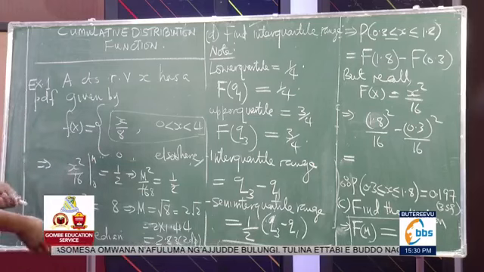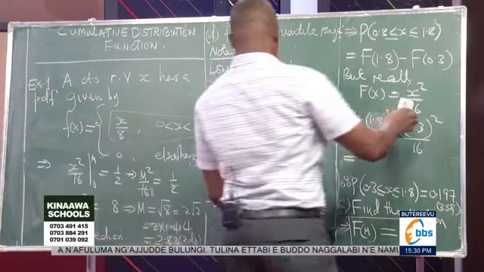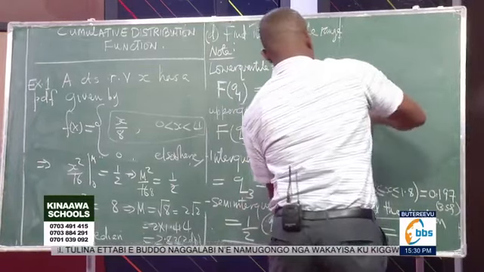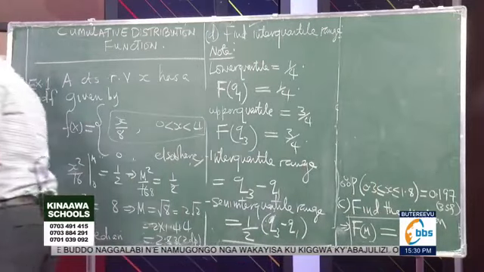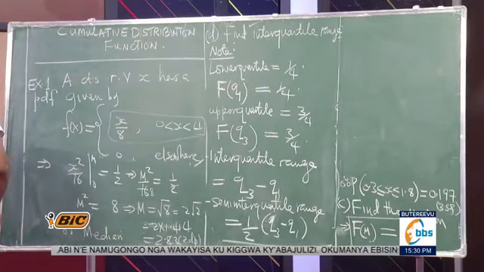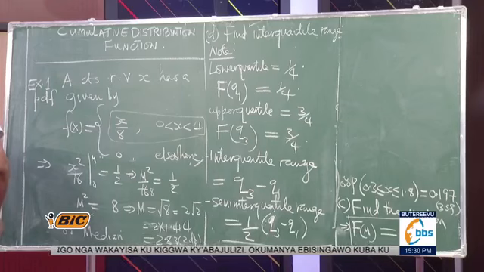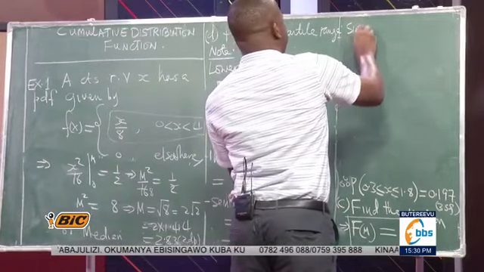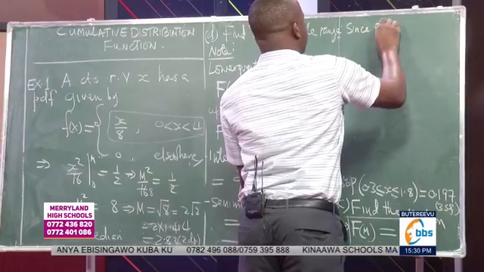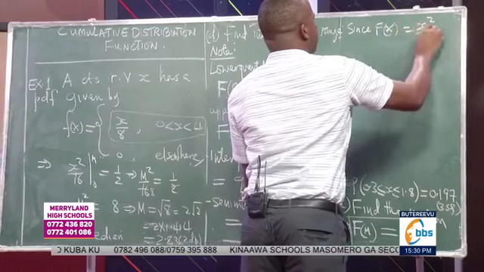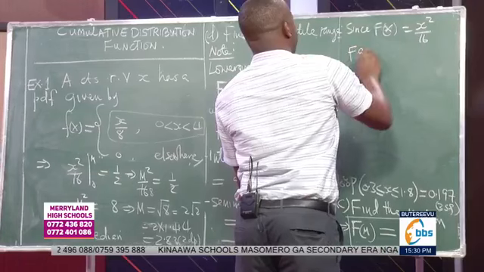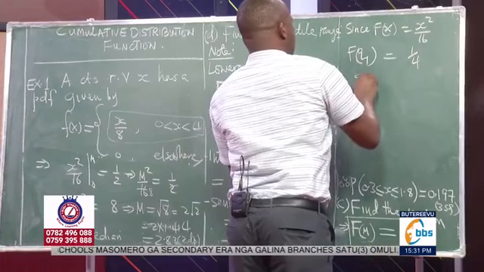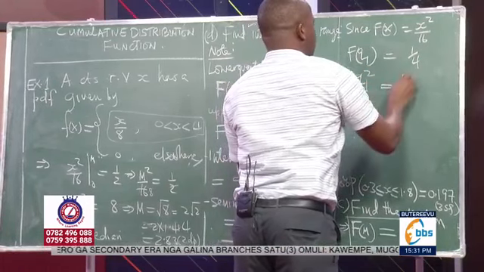I am not going to talk about the percentile now, because I will not consider it for this particular question. So I can say that since our F of x is x squared out of 16, our F of Q1, which is equal to a quarter, will be the same as Q1 squared out of 16 is equal to a quarter.